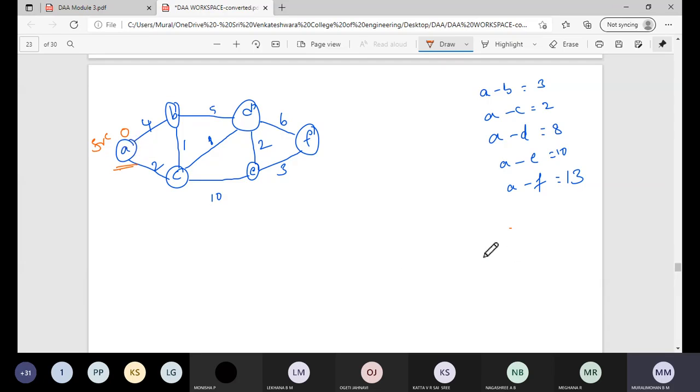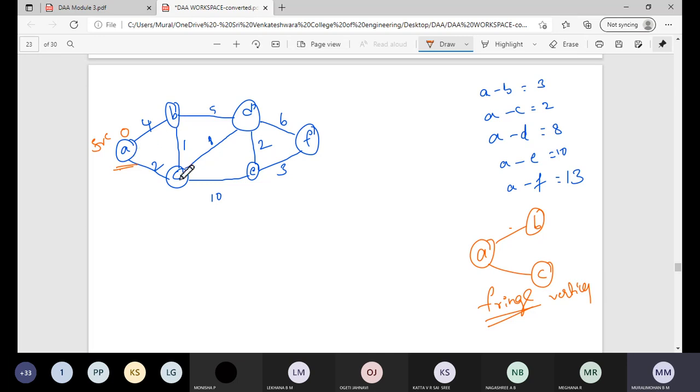Suppose you are having A, and here B is connected to A, similarly C is connected to A, right? So these two are the fringe vertices for A. You can see B and C are directly connected to the vertex A, so these two are the fringe vertices of A. Similarly, what are the fringe vertices of B in this graph?